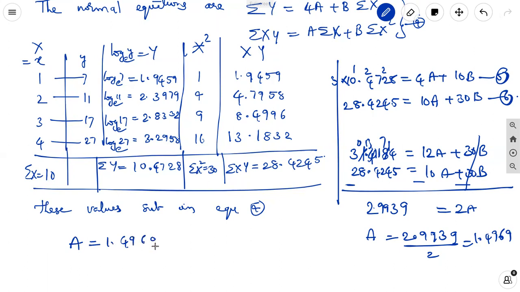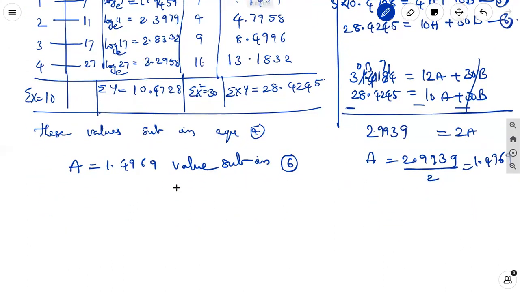Substitute this value in equation 6. Its calculation is easy. Why? Because A is multiplying with 10, the decimal point is shifted to the right side. So 28.4245 is equal to 10 into 1.4969 plus 30B.